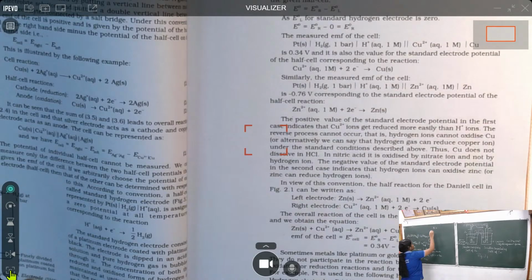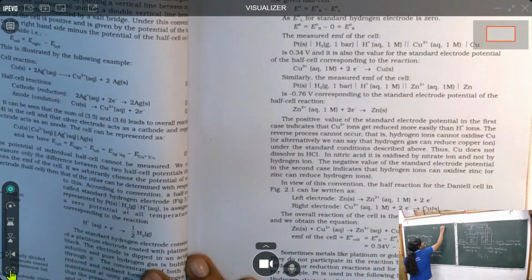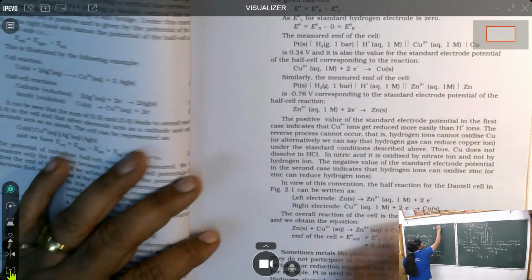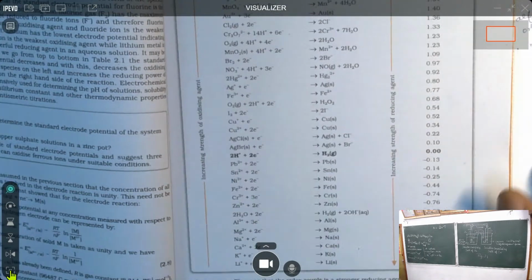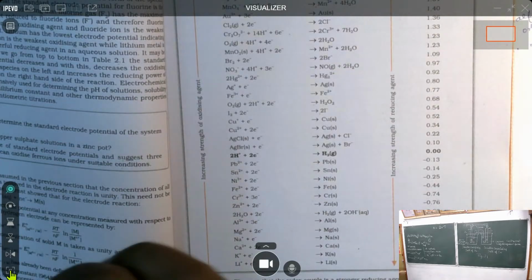Finished? Zn gives Zn2 plus, Cu2 plus gives Cu. Okay, so put it within two lines.